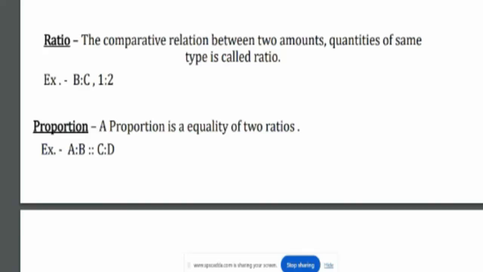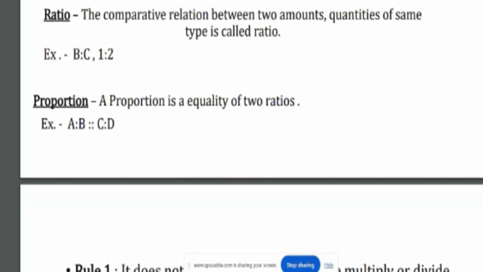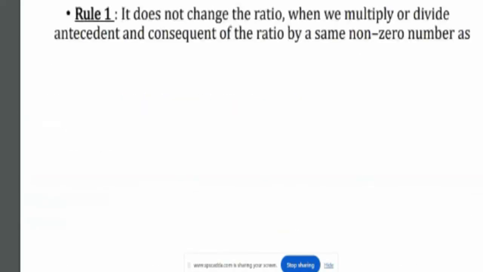The definition implies a comparative relation between two quantities of the same type. If you don't have the same type, firstly you have to convert it into the proper type, then only you can cancel out and proceed. Correct? Now move to a very simple question.